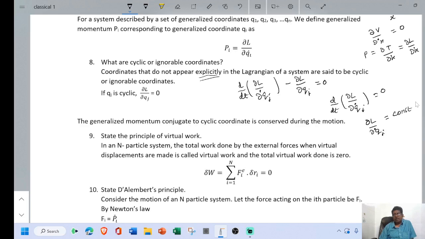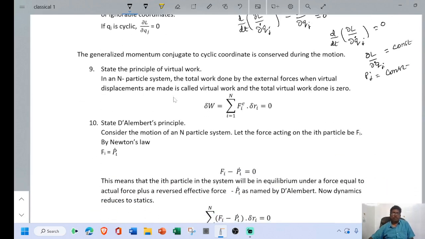This is our generalized momentum Pj, so Pj equals constant. The generalized momentum conjugate to a cyclic coordinate is conserved during the motion. Therefore, coordinates that do not appear explicitly in the Lagrangian of a system are said to be cyclic or ignorable. If coordinates do not appear directly in the Lagrangian, then dou L by dou qj equals 0 if qj is cyclic.